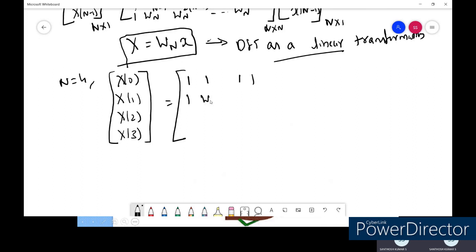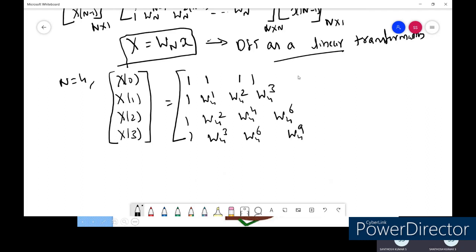All terms in the first row are 1. So this is 1, omega 4 to the power of 1, omega 4 to the power of 2 and omega 4 to the power of 3. Next is omega 4 to the power of 2, omega 4 to the power of 4 and omega 4 to the power of 6. And next is omega 4 to the power of 3, omega 4 to the power of 6 and omega 4 to the power of 9.